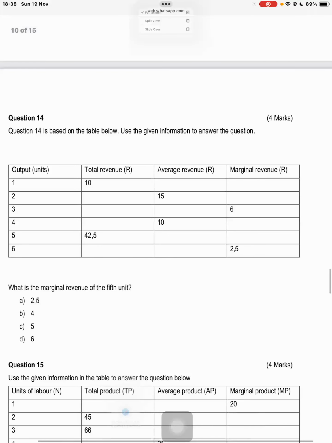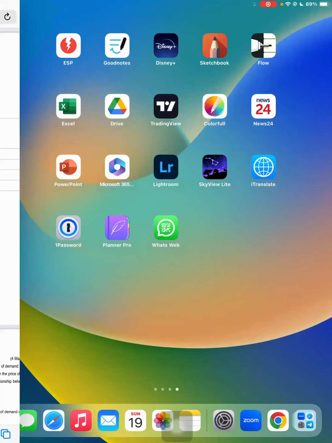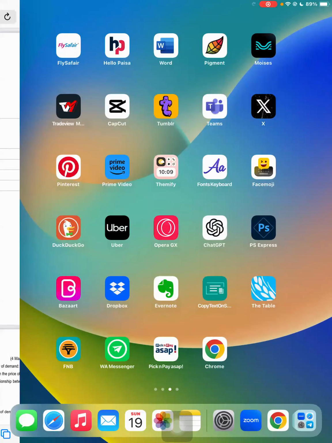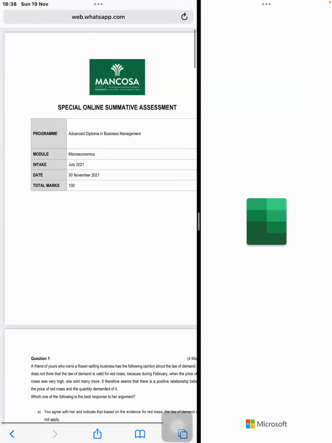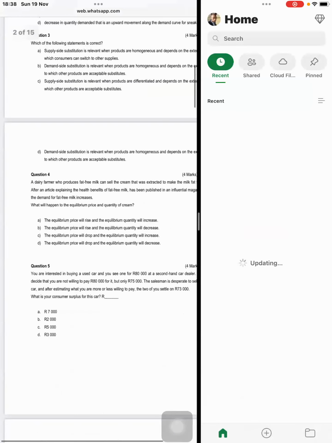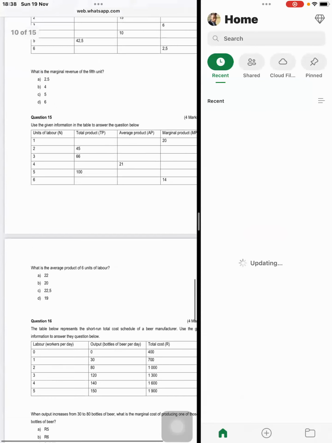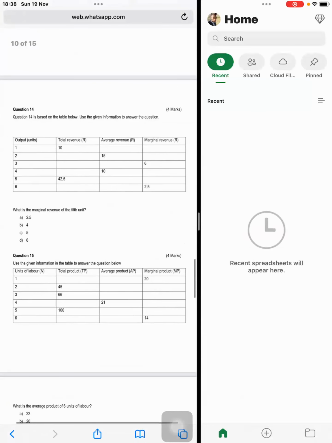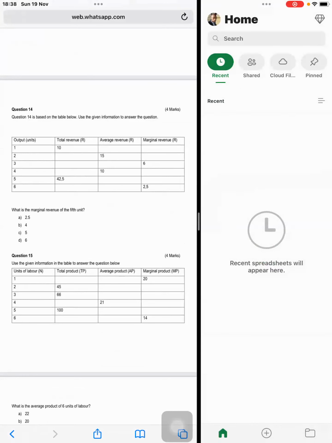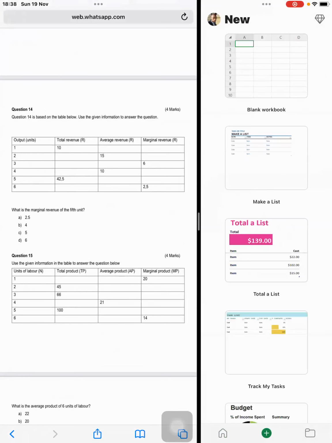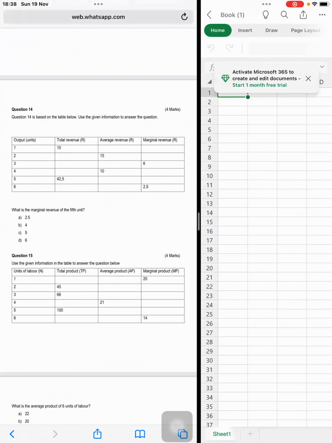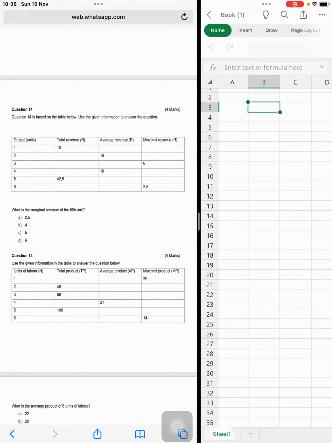Let me see if I can add a window where I'll be showing the calculations. Okay, let me use this one. All right, pardon the screen. You can zoom in if you're not clearly seeing what is written there.